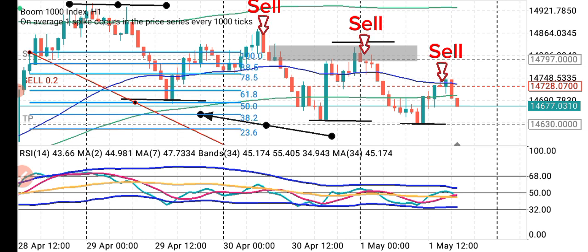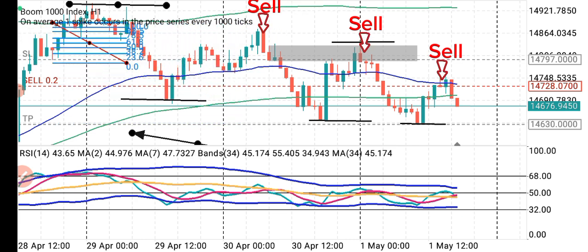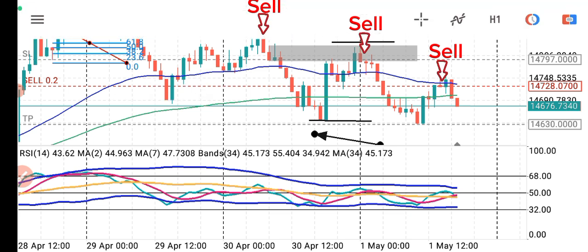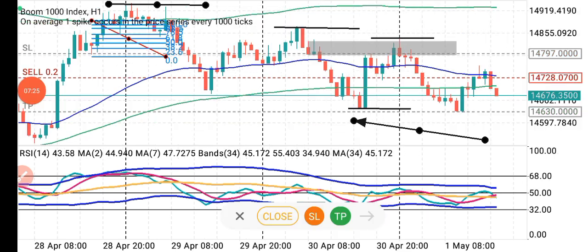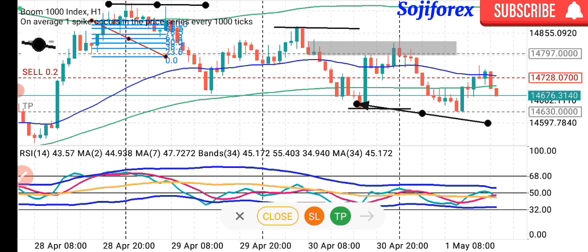So now that we are done with this particular move, it has played out safely. We now have our new range, and this new range is between this high and this particular low. So our new range now is between this high and this low.